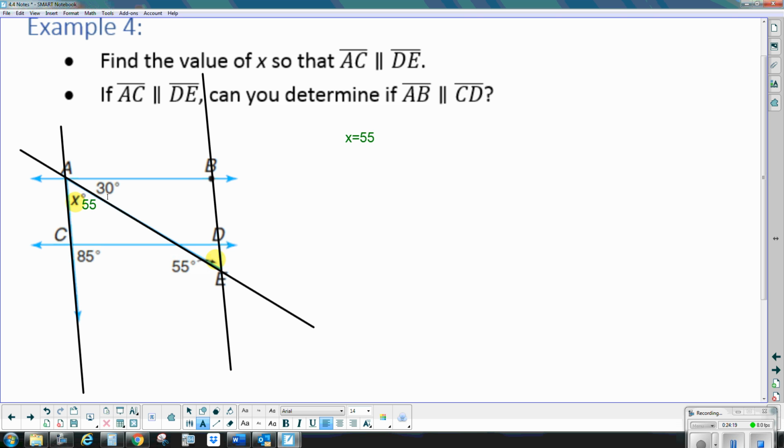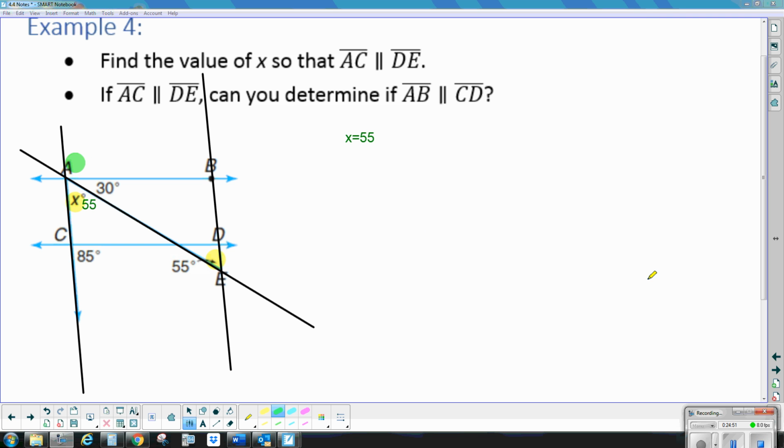We also know that this line AC is going to be 180 degrees, so we can find this angle right here. So remember, linear straight angle is 180 degrees. So 55 plus 30 plus this green angle right here has to equal 180 degrees.